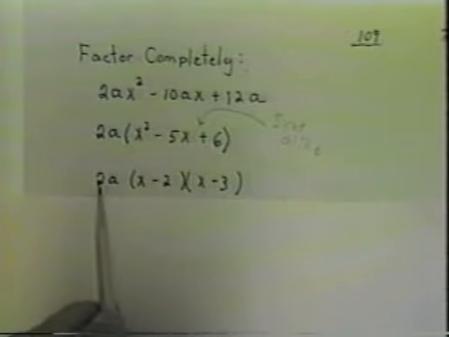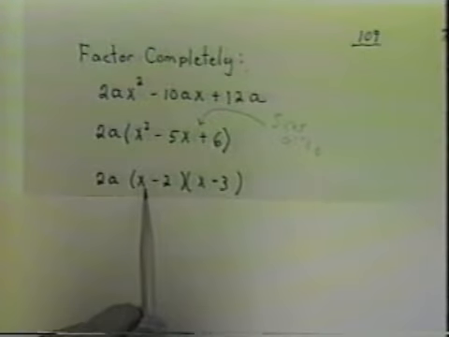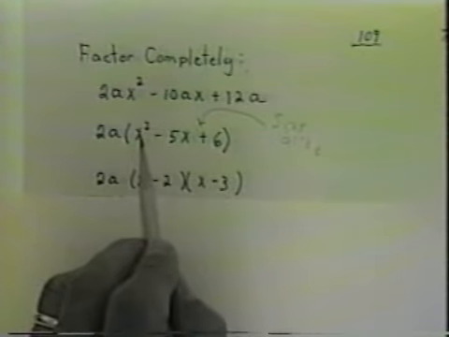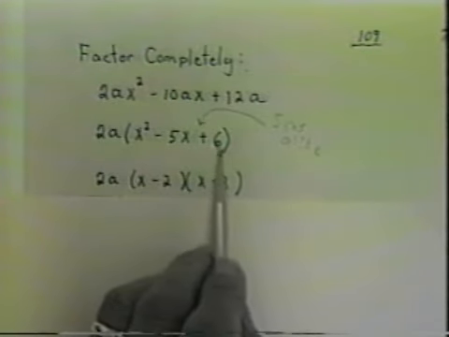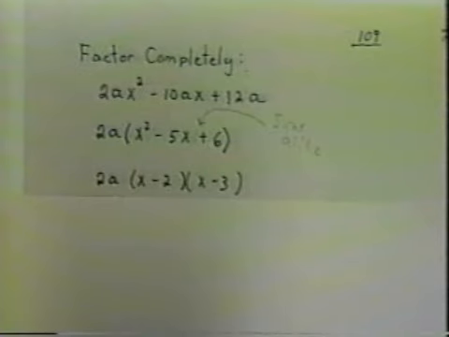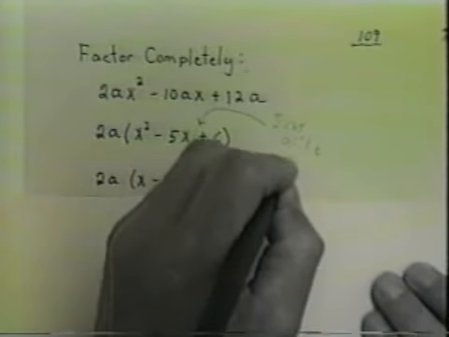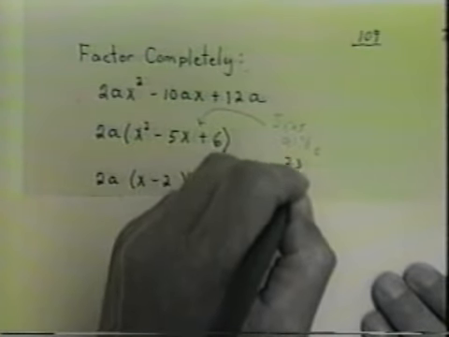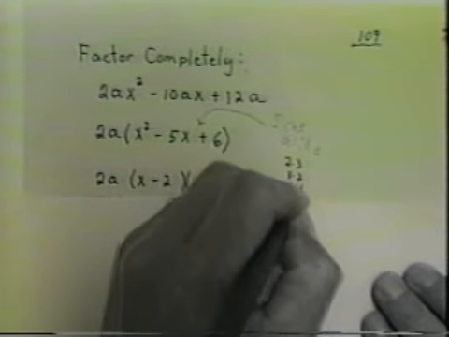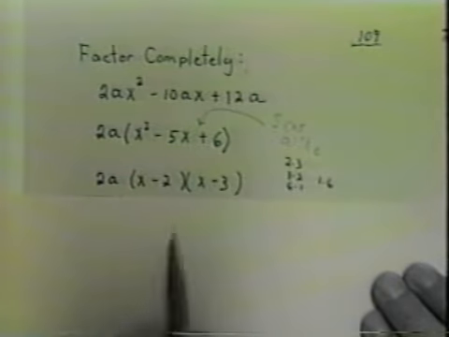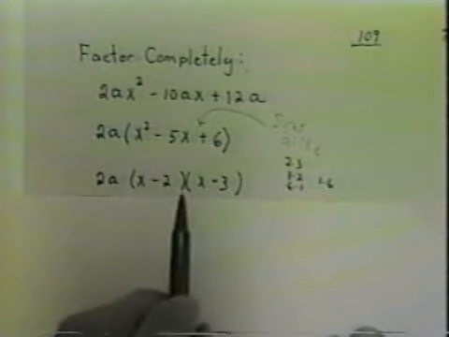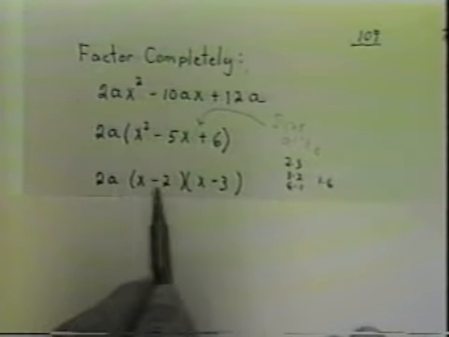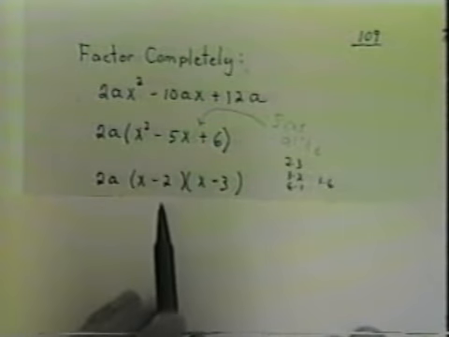So then I have 2a, and when I factor, the only way of getting x squared is x and x, and I have several ways of getting 6. I could get 6 by 2 times 3, 3 times 2, 6 times 1, or 1 times 6, and 2 and 3 is the one that checks. Let's check this in our head just to make sure. X times x is x squared.